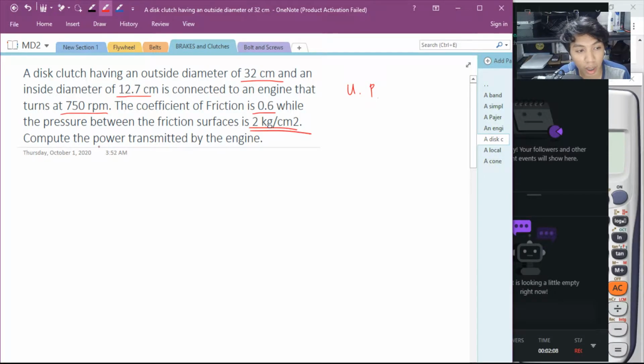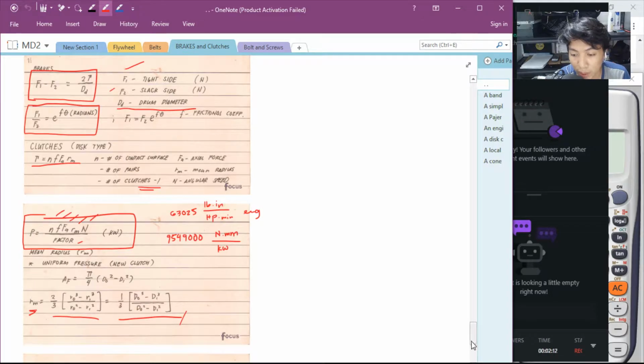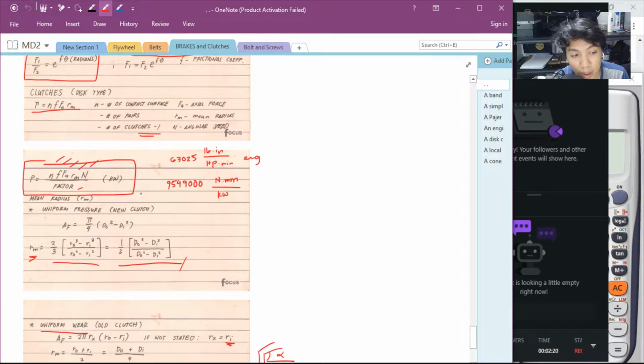Ano ba yung mga kailangan natin dito? So, we assume that it is in uniform pressure or it is a new clutch. Kukunin natin ngayon yung mga formula na nakapaloob dun sa new clutch. Ano ba ang ask dyan? Yung power. And then, yung uniform pressure, formula for the area of the face, and then yung mean radius.